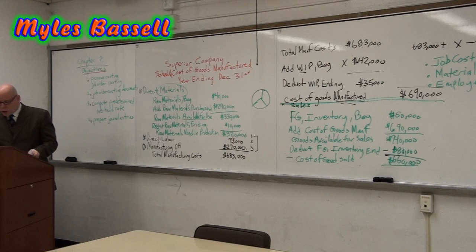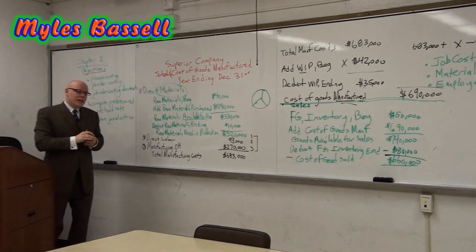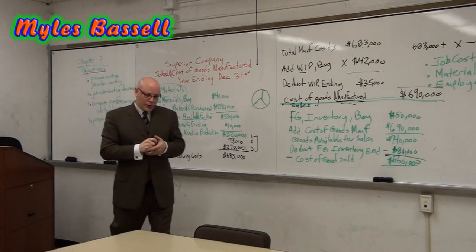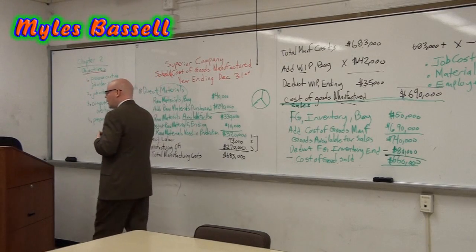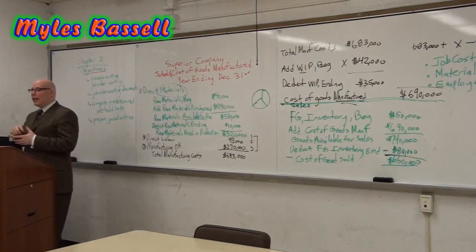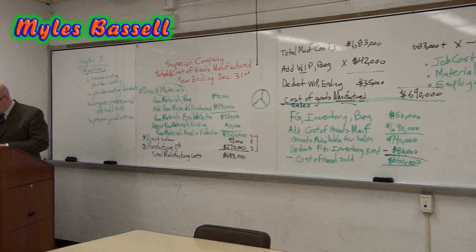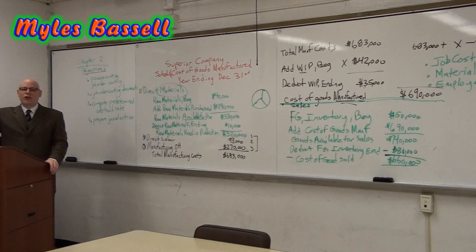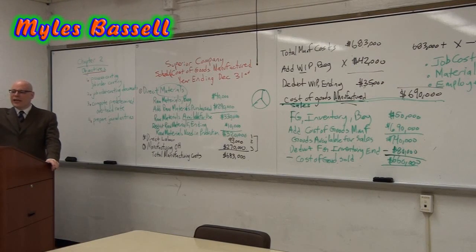All right, so what I want to talk about now and give you an example is the application of manufacturing overhead. There's a difference between the manufacturing overhead that's applied and the manufacturing overhead that's incurred. The manufacturing overhead that's applied is a number that we calculate.